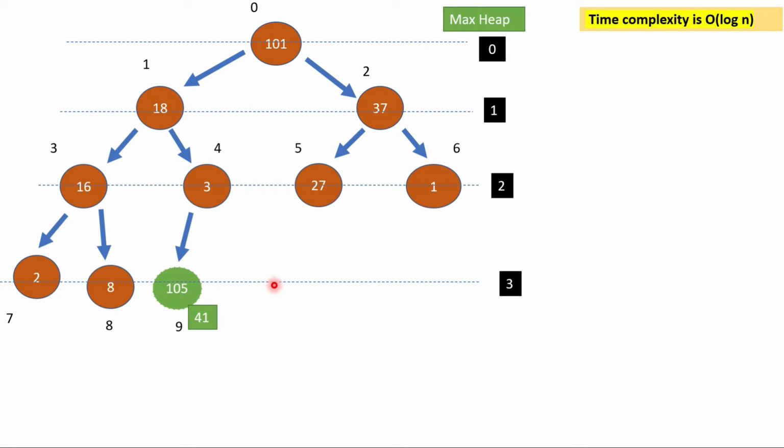I have placed here the same max heap. In the previous section, the node was 41 and I took another node, 105, because I will show you both operations' behavior. When it was 41, to get the perfect position for this 41, how many swaps did we do or how many levels did it go up? 41 swapped with this one, then it was swapped with this one, and the final position for 41 was this level.